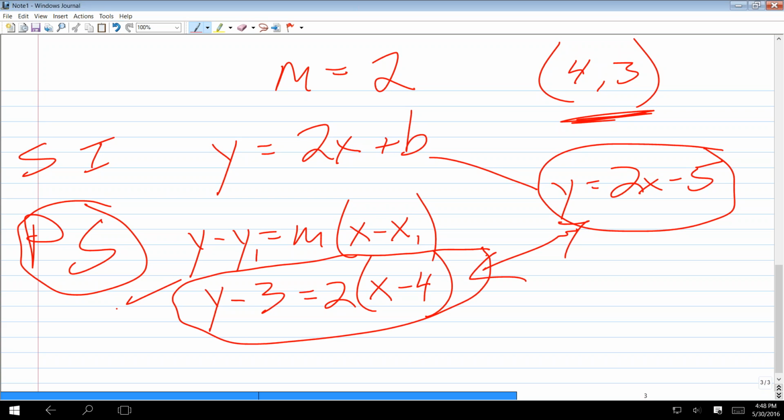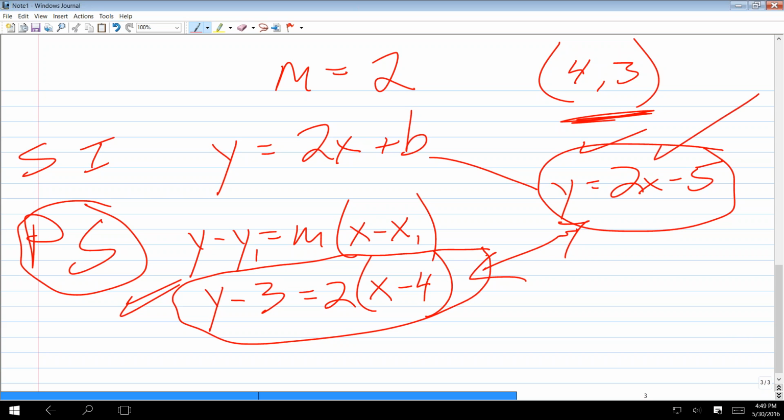It's just this is written in point slope format. This is written in slope-intercept format. So if they don't specify, either answer is correct. If they say, give me the answer in slope-intercept format, then you want it like this.